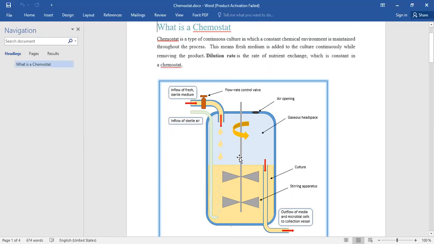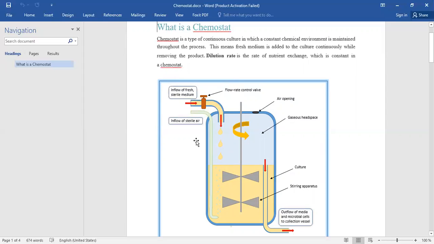That is the meaning of chemostat: we add and take out a constant amount of nutrients in the culture at regular times, maintaining a particular condition.